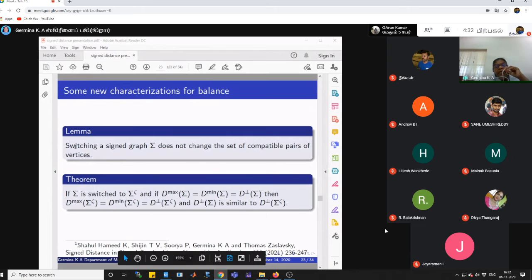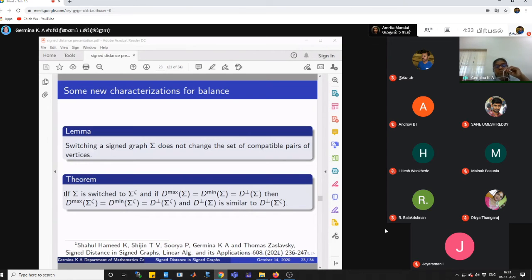Another important lemma is that switching a signed graph sigma does not change the set of compatible pairs of vertices. So we have seen that if the vertices are compatible, then it is switching invariant.